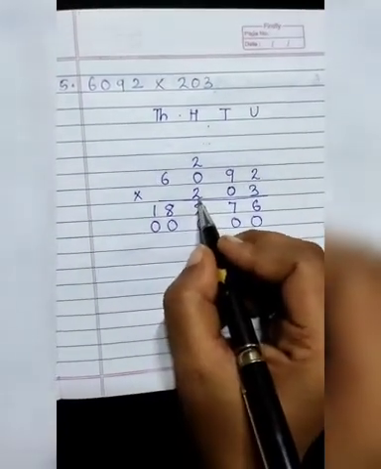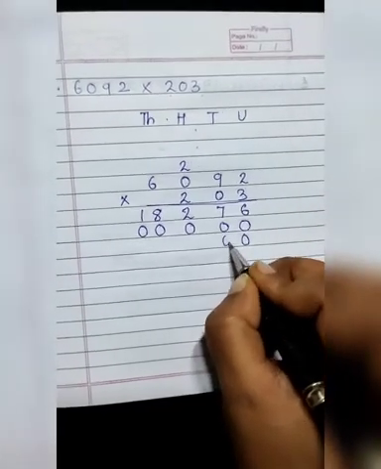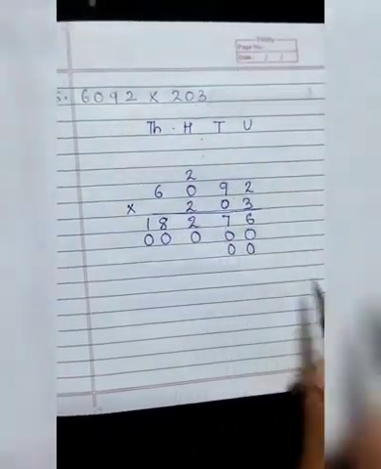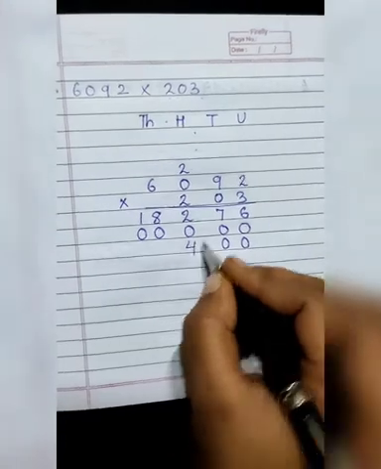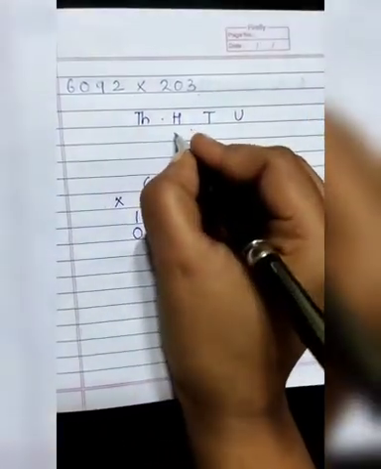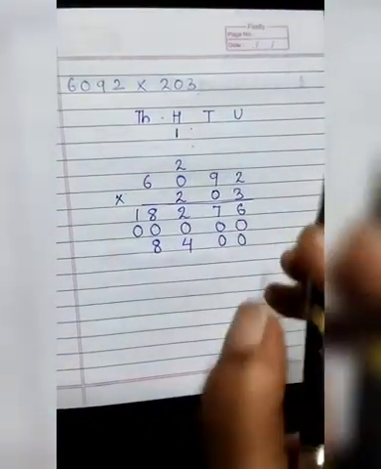As I said, any number you multiply by 0 will be 0. Now we will take the third number. So we will put here 2 zeros as we are multiplying by 100. 2 is at 100 place. Now 2 multiplied by 2 is 4. 2 multiplied by 9 is 18. So we will put here 1 and 8 we will put down.